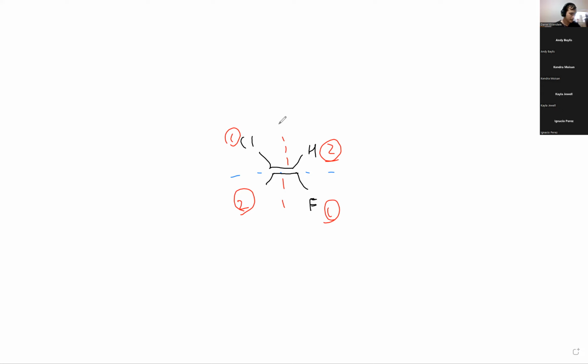Okay. Let's take a 5-minute break, okay? E is going to be opposite sides of the alkene. Z is going to be the same side. Do you get it? Awesome. Okay.